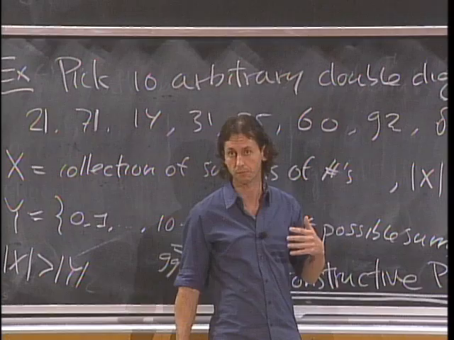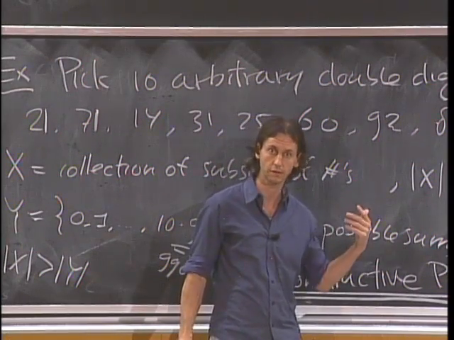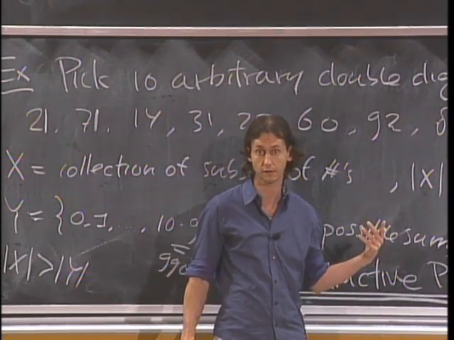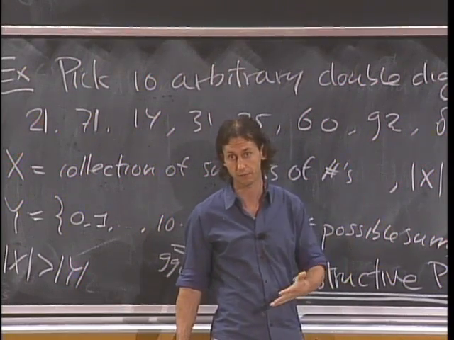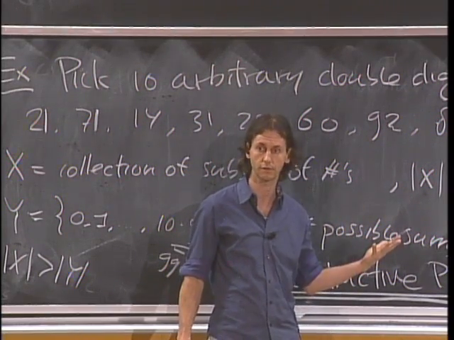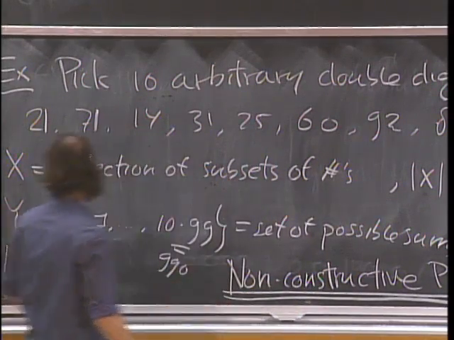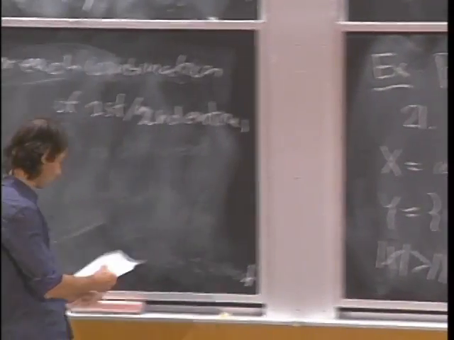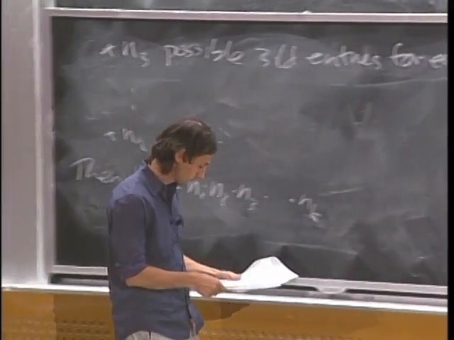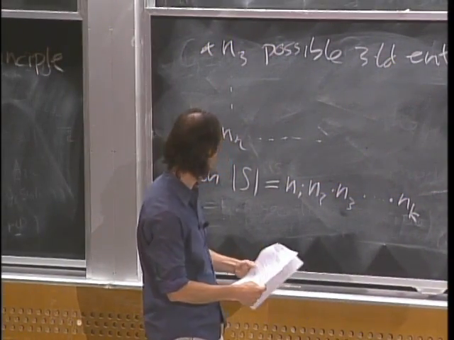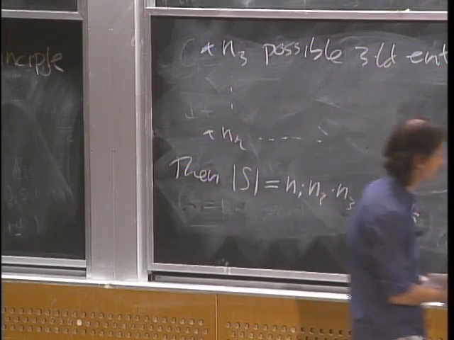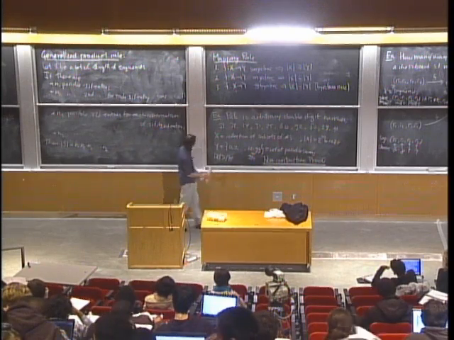Then the next one has n-2 choices because I've already selected 2 of them. Then I have n-3 choices because I've already selected 3, and so on. And I get n factorial. So that's the same kind of principle that we have here. So let me give an example where we can see how this works.